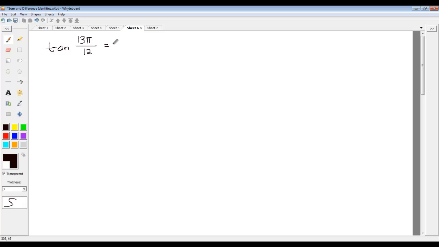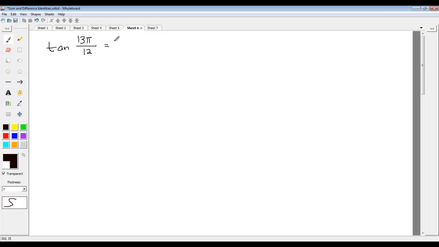I guess I could do this with a pi plus pi over 6, right? No, I couldn't. No, it'd have to be pi plus pi over 12. 12 pi over 12 plus pi over 12. But pi over 12 I don't have on my unit circle. I don't want to do that.